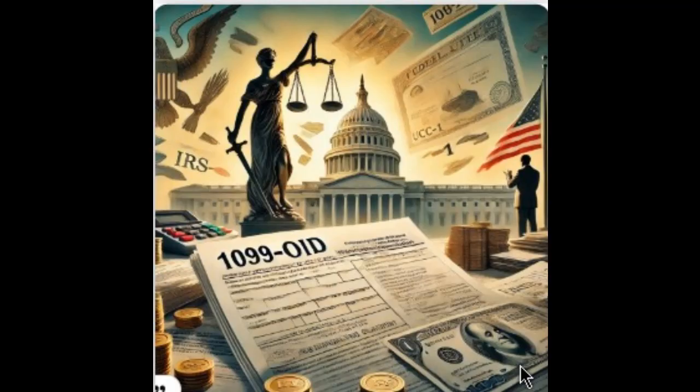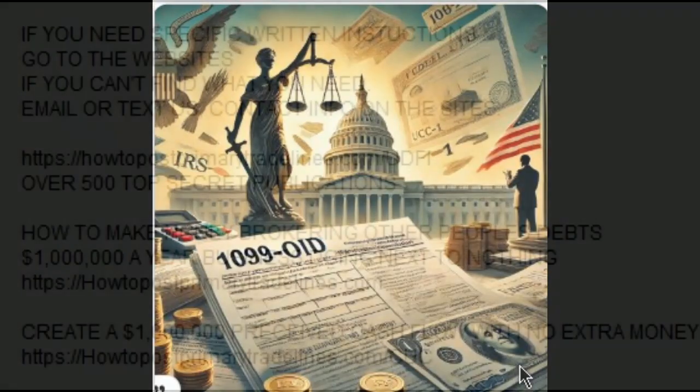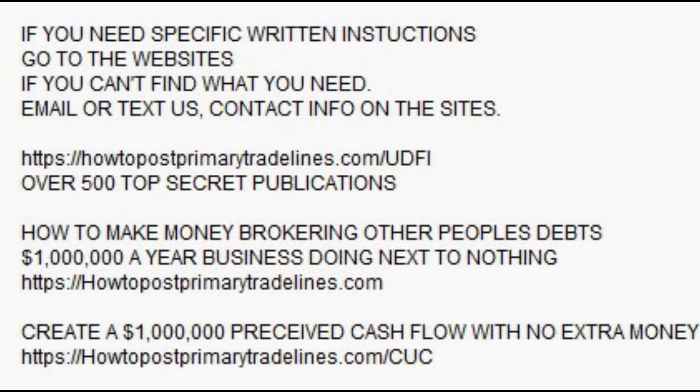Key takeaways: the birth certificate is a financial instrument pledged as security. The IRS and Secretary of the Treasury manage financial accounts on behalf of the government. The 1099 OID form serves as an expense report to reclaim funds. The UCC-1 Financing Statement legally asserts ownership over financial assets. By leveraging this knowledge, individuals can take the necessary steps to reclaim their financial rights and secure economic sovereignty.